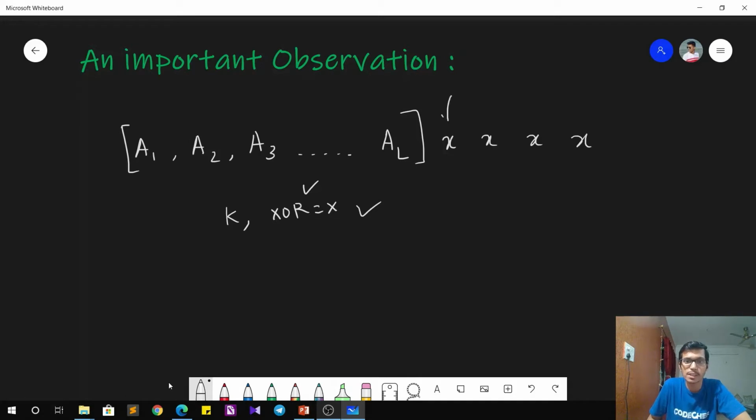So we can choose this x to be, let's say, a very large number, let's say infinity, so that whenever x is XORed with the previous elements, it will not give the XOR as capital X. So if we have a sequence of length L, we can always generate a sequence of length, let's say L dash, such that L dash is greater than L by appending some elements at the end of the sequence.